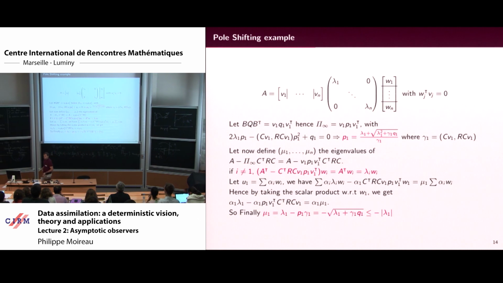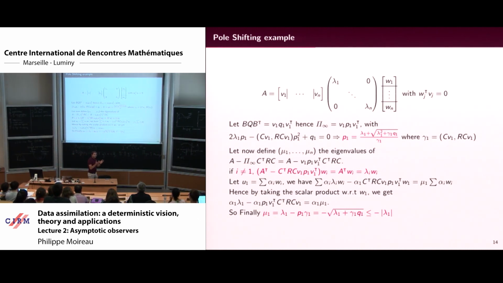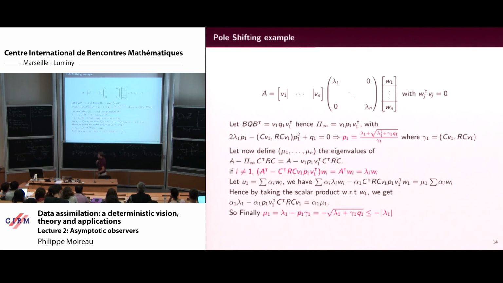So I show you in a very simple example how you can build this P infinity with the asymptotic Riccati, where pole by pole I shift them to the good part, because nothing is changed for the other part. To complete the proof, you have to show that you can do it for example for a Jordan matrix.